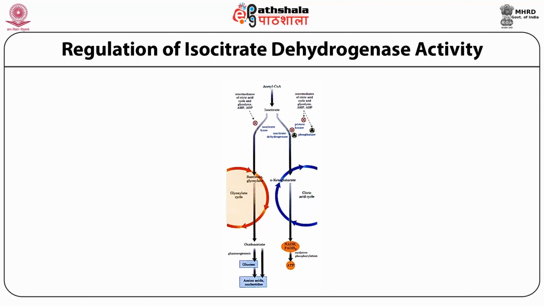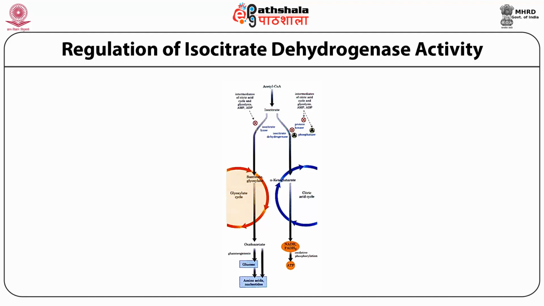Isocitrate dehydrogenase is regulated by covalent modification. A specific protein kinase phosphorylates and thereby inactivates the dehydrogenase. Inactivation of isocitrate dehydrogenase shunts isocitrate to the glyoxylate cycle, where it begins the synthesis route towards glucose.